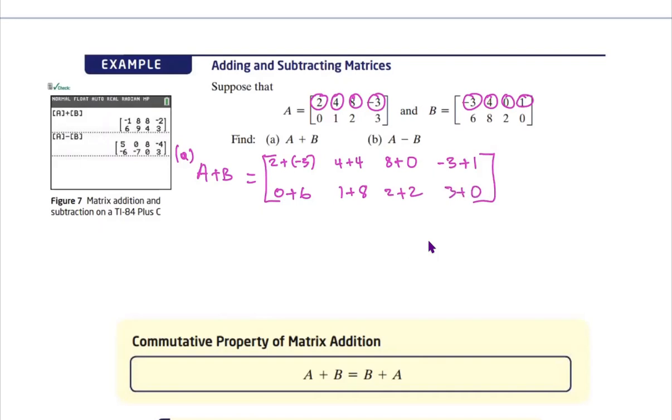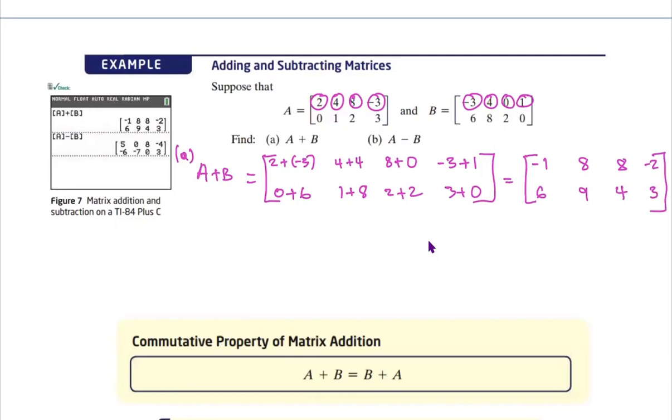That equals -1, 8, 8, 6, 1, 9, 8, 8, and then negative 2, 9, 4, and 3. That is the sum of A and B.